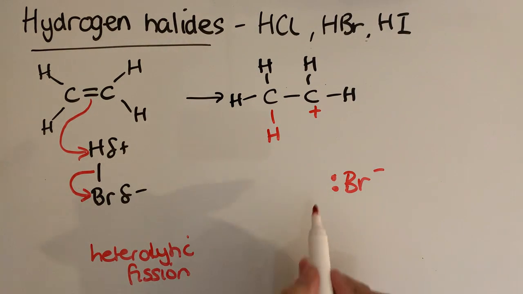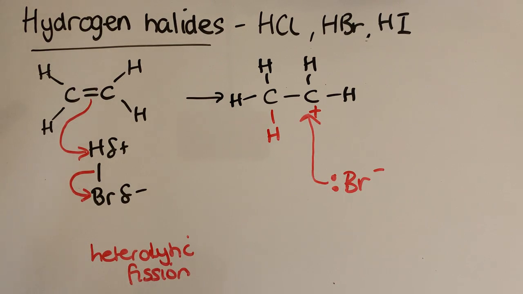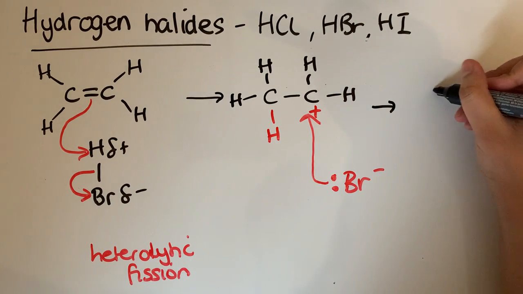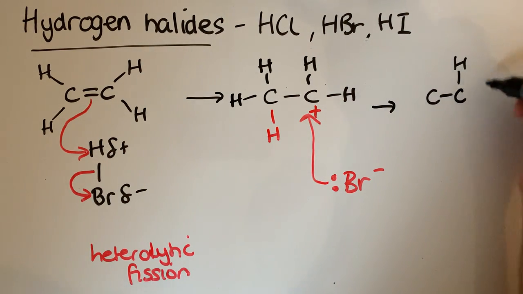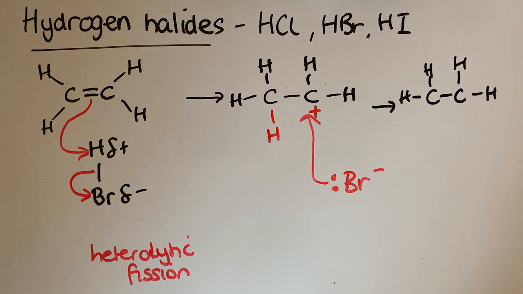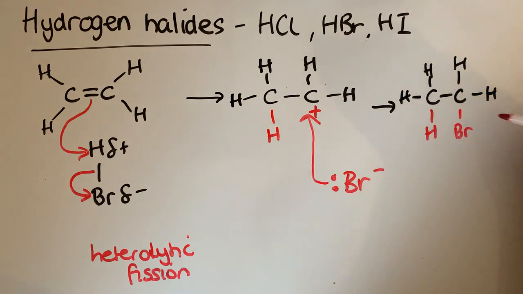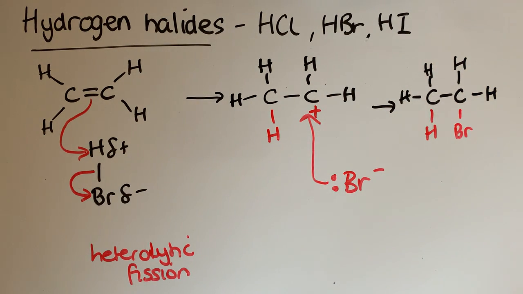We then draw our curly arrow from the bromine lone pair to the carbon positive, and that forms our final product, which is this. So that's the reaction mechanism for the reaction of alkenes with hydrogen halides.